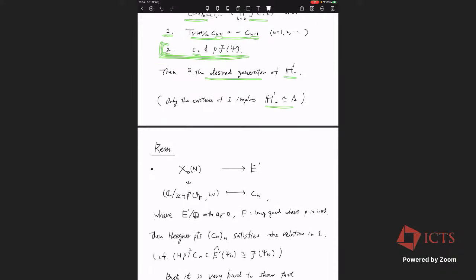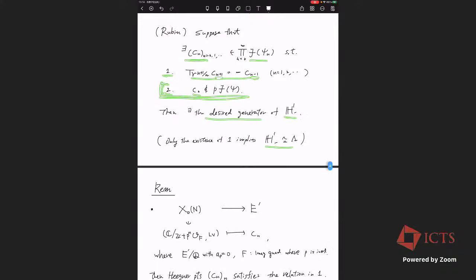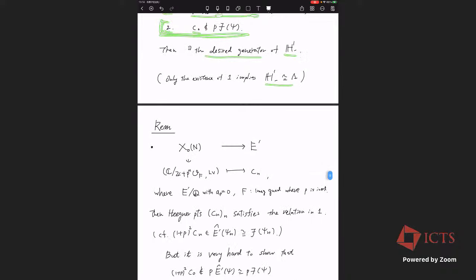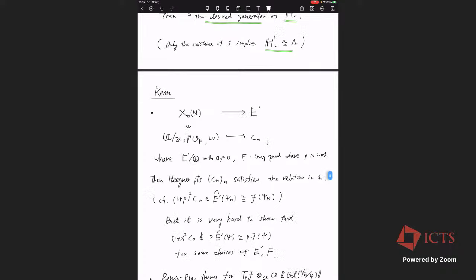The idea of the construction of such local points is as follows. For example, we take an elliptic curve E prime with a_p equal 0 defined over Q, and take a modular parameterization. Let F be another imaginary quadratic field where P is inert, and consider a Heegner point of conductor P to the power n, and we consider its image.